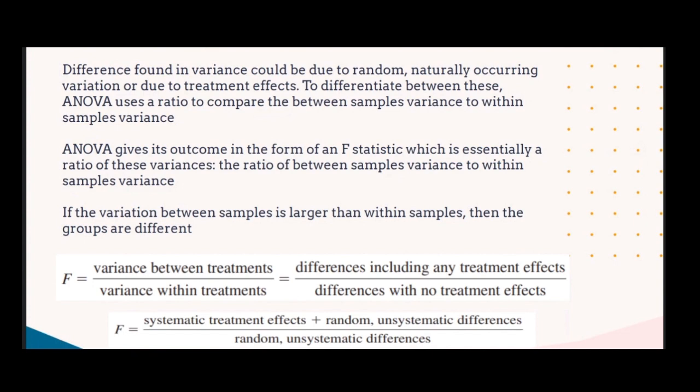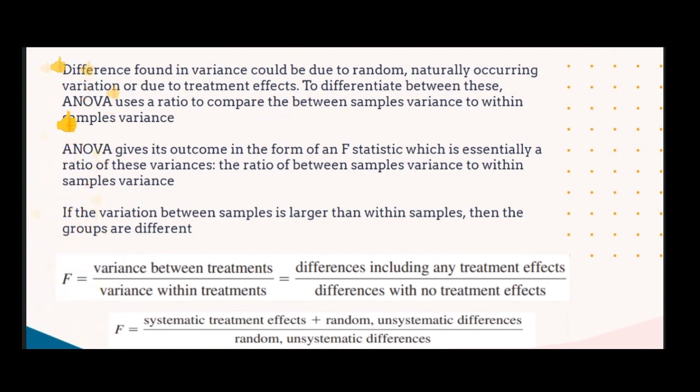You want to be really sure of that. What I've put here at the bottom is just to explain how the F statistic is helping us do that. Did that make sense? Yes? Okay. Let me know if you have any more questions.